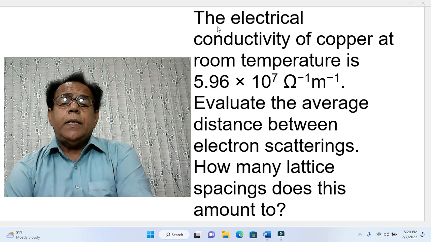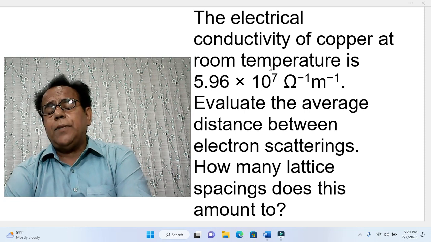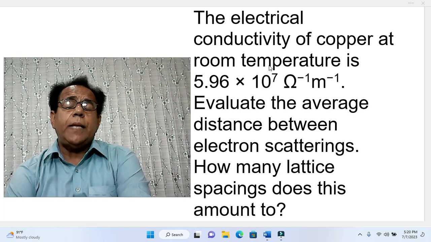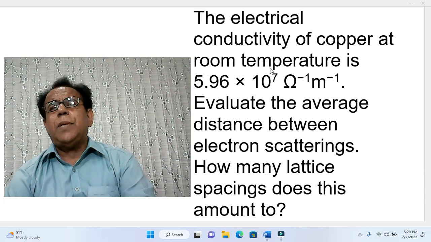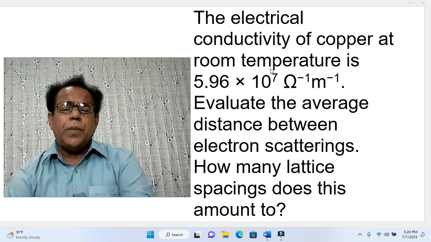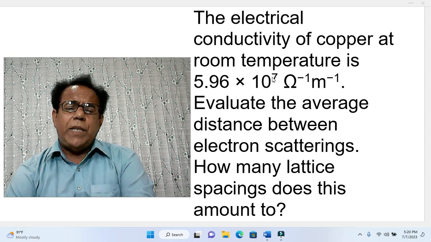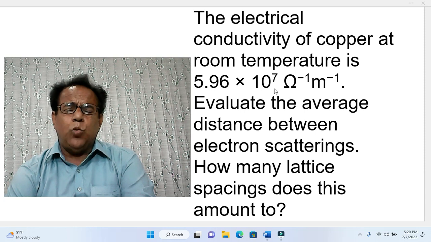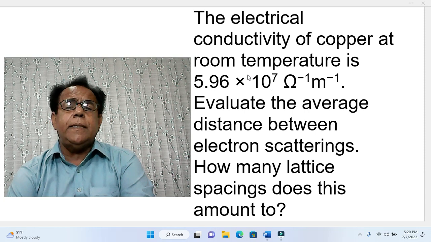The electrical conductivity of copper at room temperature. It is hereby further clarified, dear students, that there is also some conflict or confusion about the appropriate room temperature. It varies slightly. However, to the extent of this problem, and mostly, we take room temperature as equal to 20 degrees centigrade.